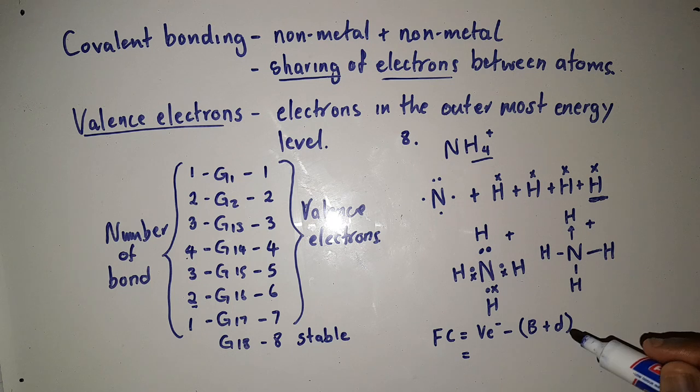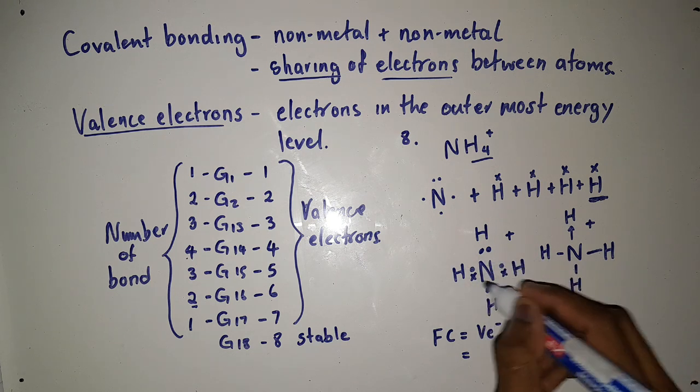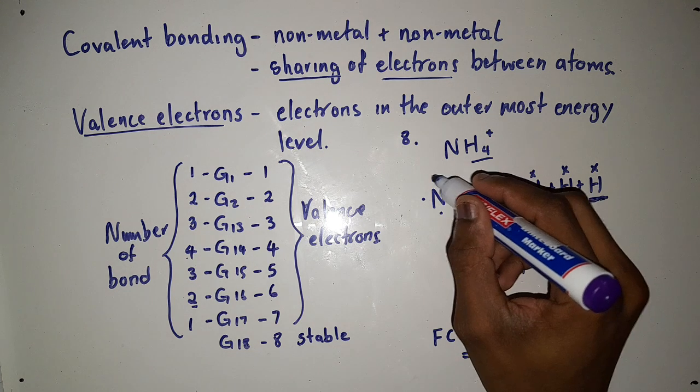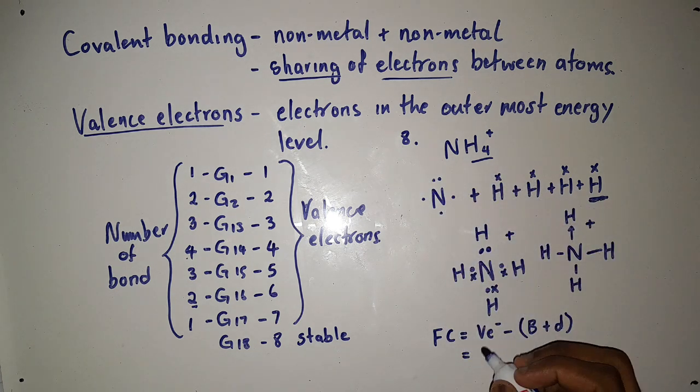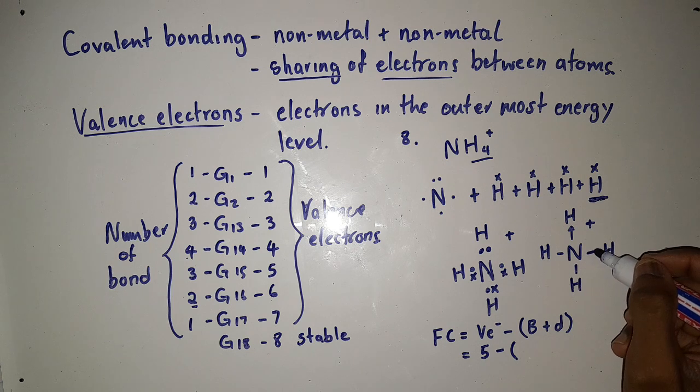How many valence electrons do we have for the middle, which is nitrogen? We know we have 1, 2, 3, 4, 5 valence electrons. Then we write 5 minus. Then how many bonds do we have now?